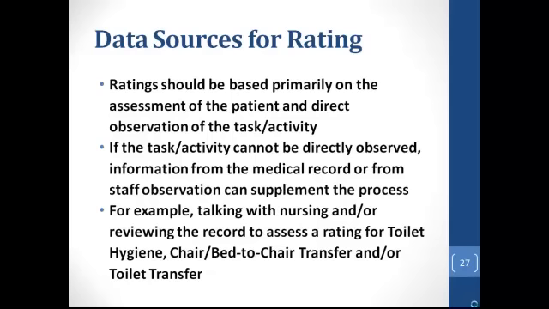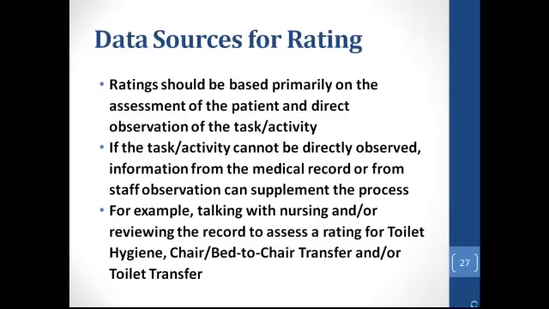For example, it may be necessary to talk with nursing and/or review the record to assess a rating for toilet hygiene, chair, bed-to-chair transfers, and/or toilet transfers. If you assess a patient who is unable to transfer chair to chair or to a standing position, then you may want to check with nursing or the nursing assistants before deciding to infer the patient would score the same for toilet transfers and car transfers.